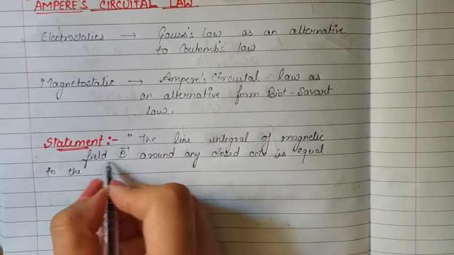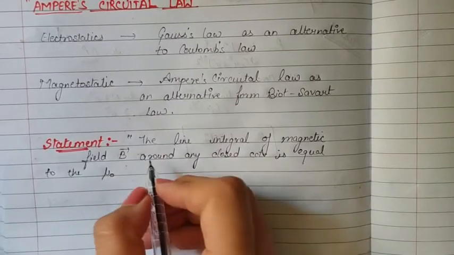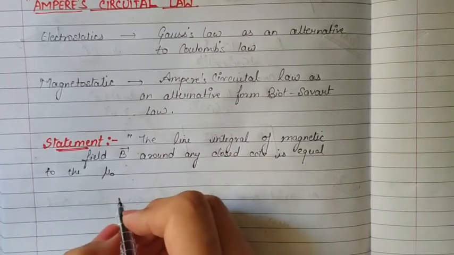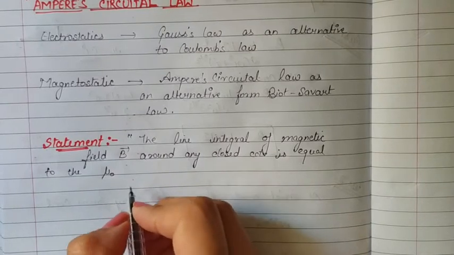Now mu naught is the permeability of the medium surrounding that conductor or the circuit.